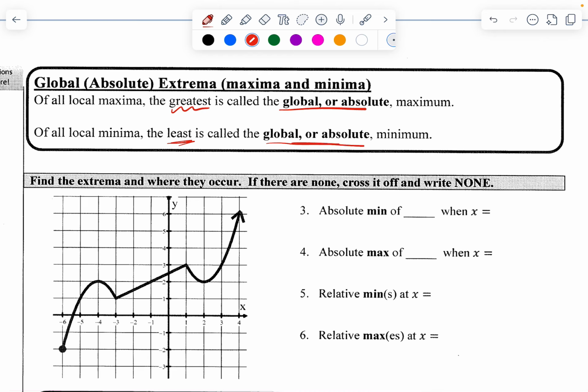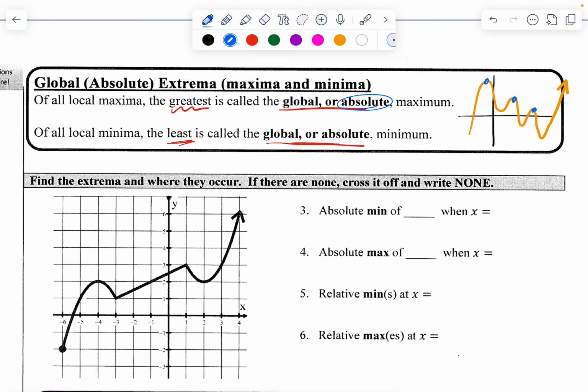So let's say you have a function that looks like this. I see we have a bunch of local maximums. One's here, one's here, one's here, right? Our greatest local maximum is going to be the absolute maximum.